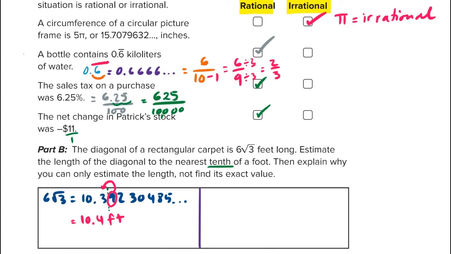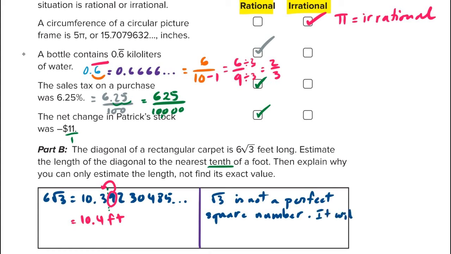If you say that the square root of 3 is not a perfect square number, it will be an irrational number.